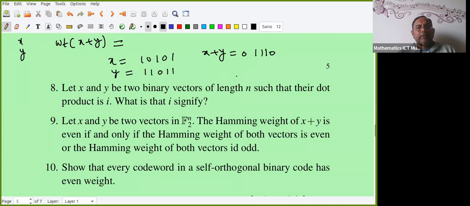This sum is 0, this sum is 0, and in the remaining places I'm getting 1s. Yeah, good, correct.